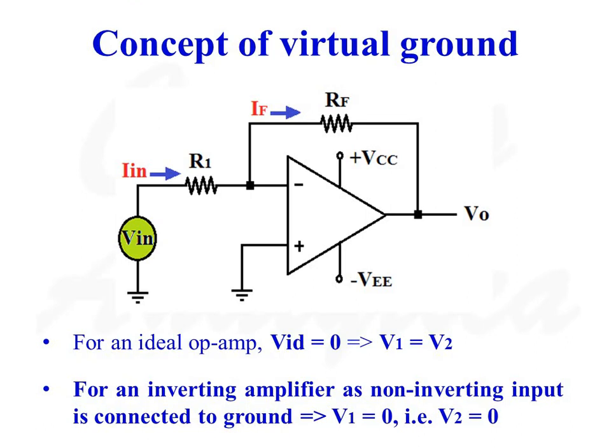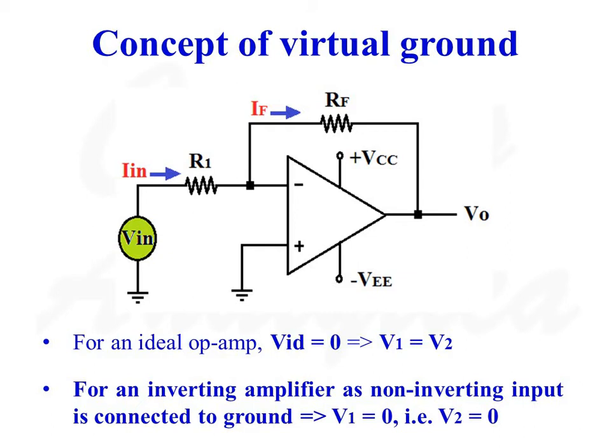Now let us discuss the concept of virtual ground. This virtual ground exists in inverting amplifiers. For an ideal opamp, VID is equal to 0. That means V1 is equal to V2. For an inverting amplifier, as the non-inverting input is connected to ground, V1 is equal to 0.